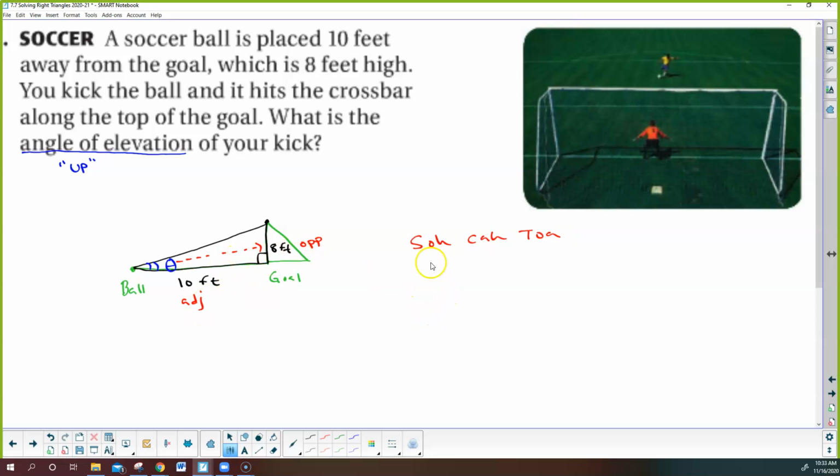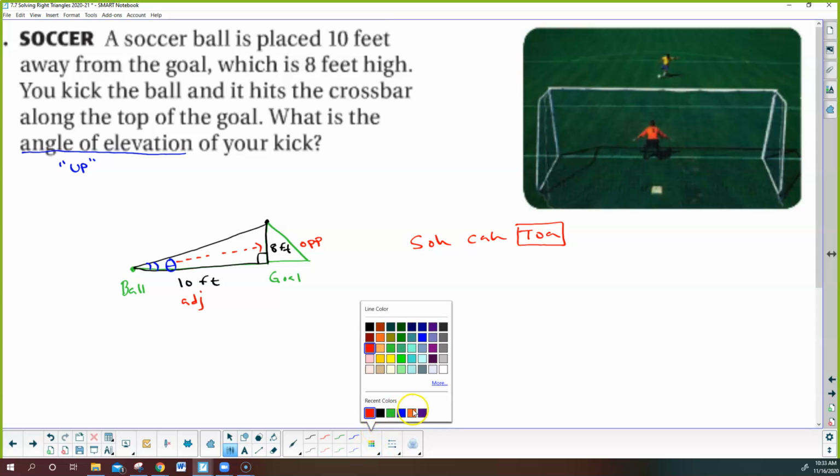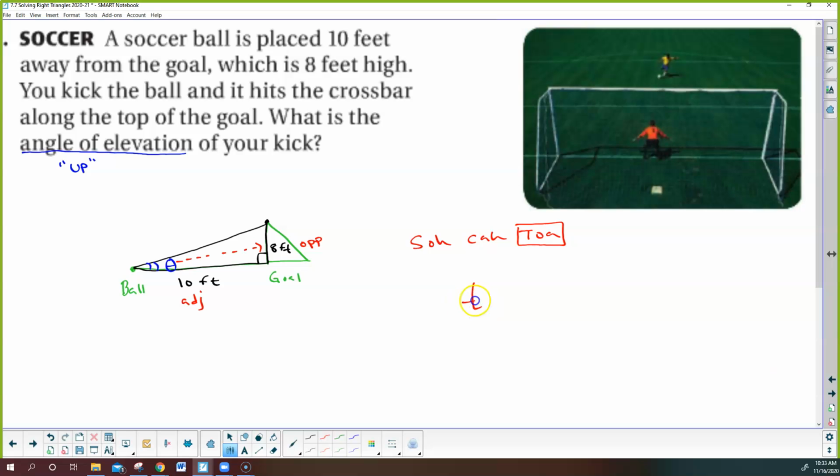I have O and I have A. So I have to use the tangent ratio. And what do we know? Well, it has to be the tangent of the angle, so that's what I'm looking for, is equal to the ratio of the opposite over the adjacent.